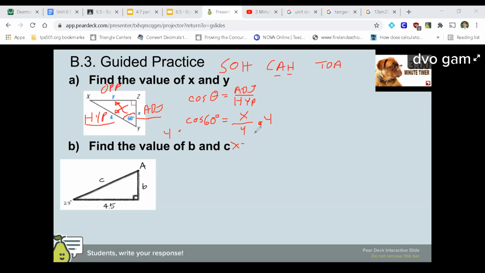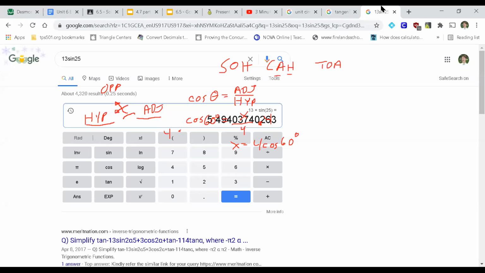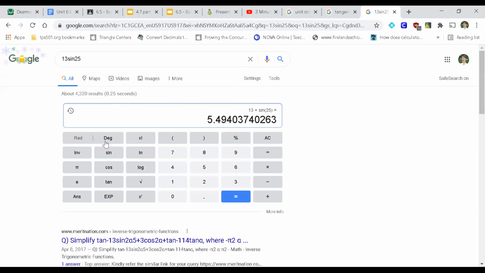So x will be 4 times the cosine of 60 degrees, which, if we type into our calculator, make sure it's in degree mode, 4 times the cosine of 60 is 2.